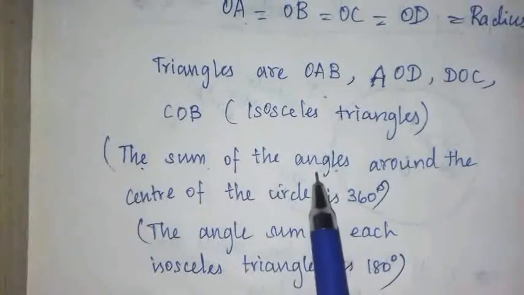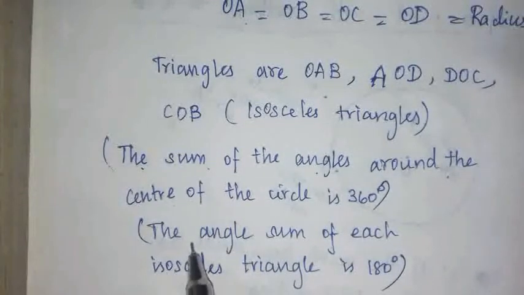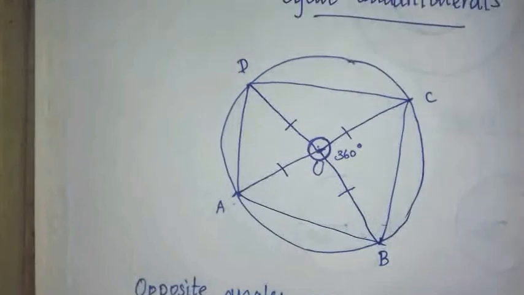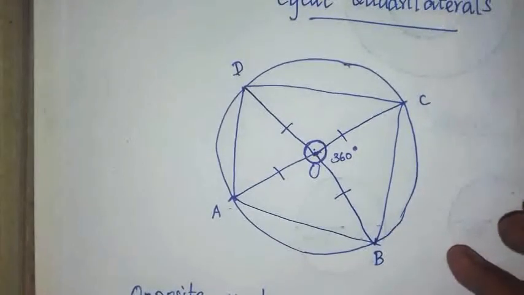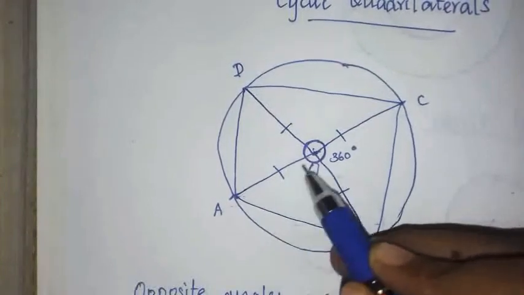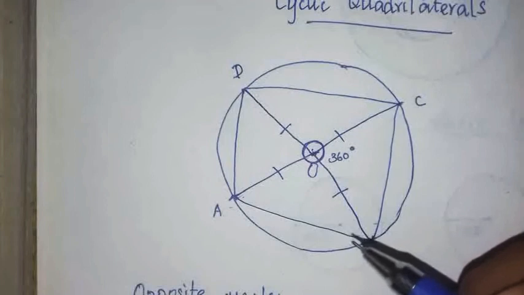The sum of the angles around the center of the circle is 360 degrees and the angle sum of each isosceles triangle is 180 degrees. This is an isosceles triangle. If we add all the three angles in this triangle, you will get 180 degrees.